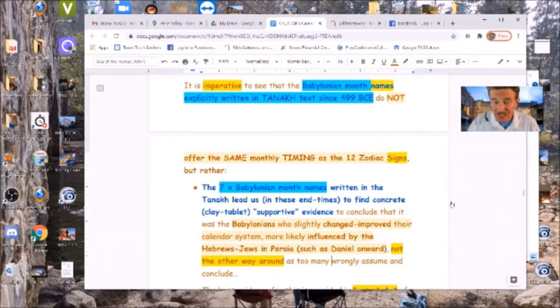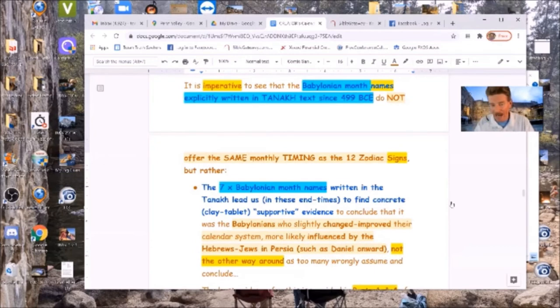But rather, the 7 Babylonian month names written in the Tanakh lead us, especially in these end times, to find concrete, or clay tablet, if I may put it that way, supportive evidence to conclude that it was the Babylonians who slightly changed and improved their calendar system, more likely influenced by the Hebrews, or Jews, if you want to put it that way, in Persia, such as Daniel onward.